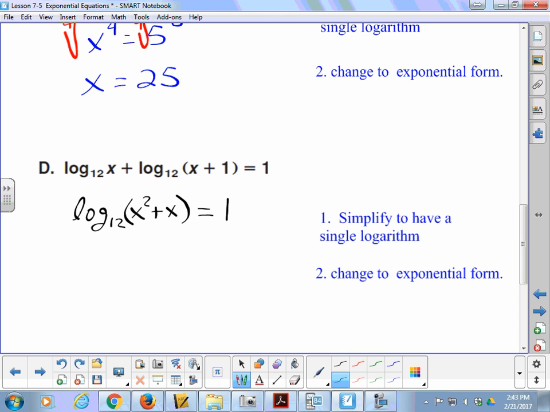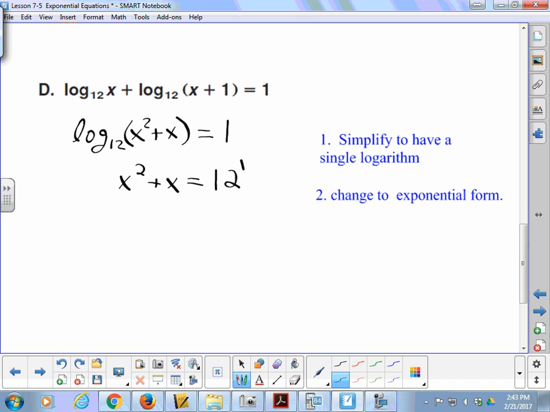All right, change it to logarithmic form, or to exponential then. So x squared plus x equals 12 to the first power. Okay.